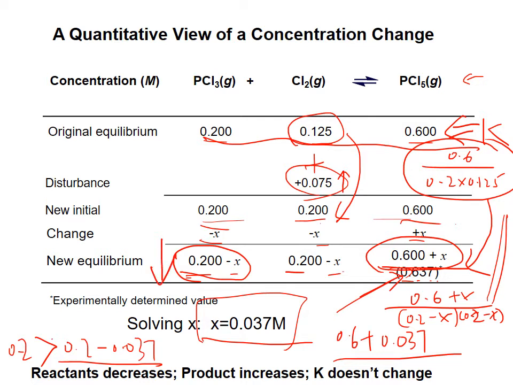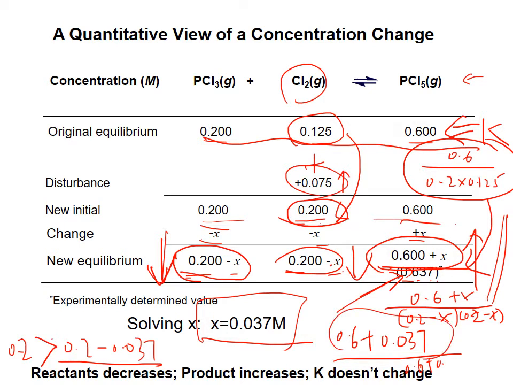Now what about the chlorine gas? Chlorine gas is 0.2 minus 0.037, also decreased from the new initial 0.2. So the reactants decrease. The product increases because 0.6 plus 0.037 becomes 0.637.